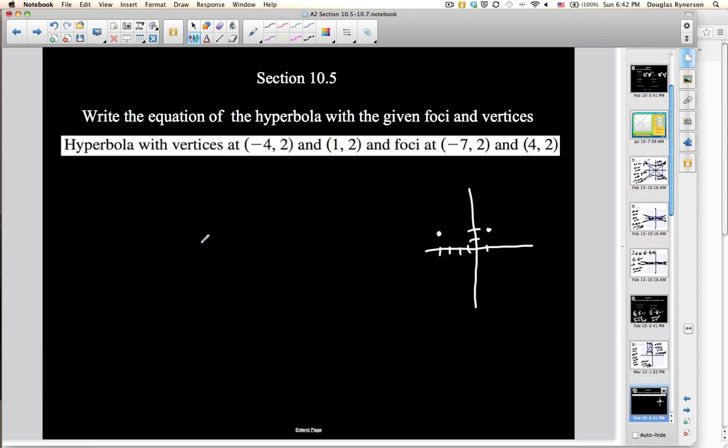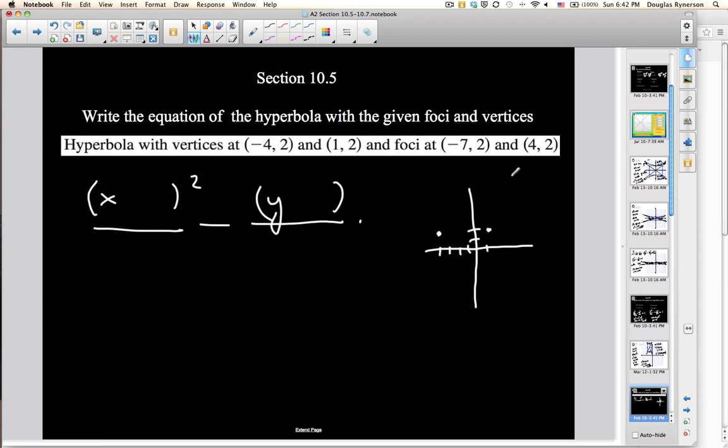Okay, so as I start writing my equation, I know that x is in the numerator of the first fraction, and I know that y is in the numerator of the second fraction. If I find center, I would use the midpoint formula. Obviously, I don't have to really worry about the y.